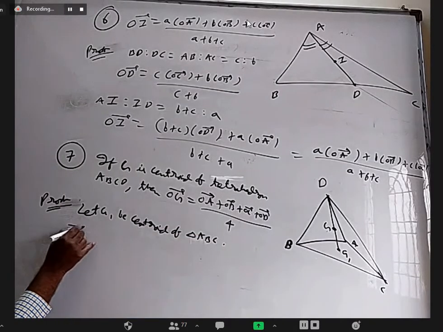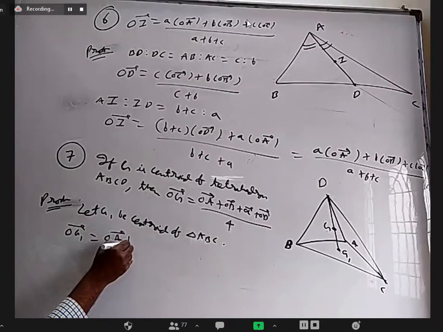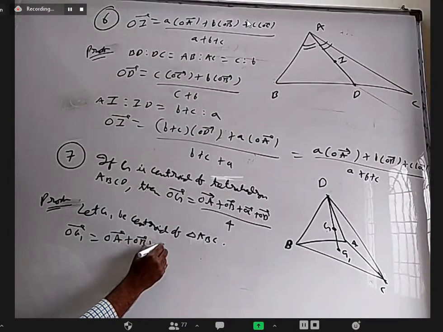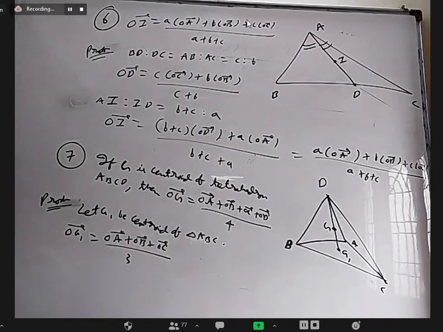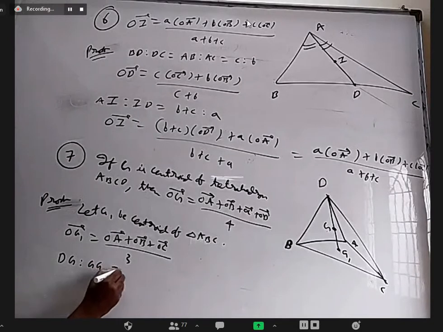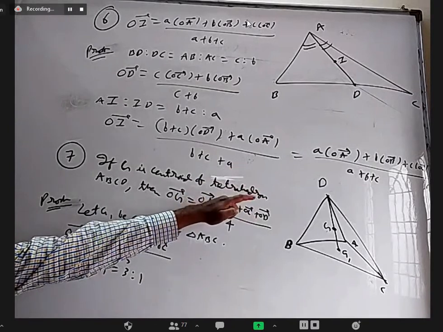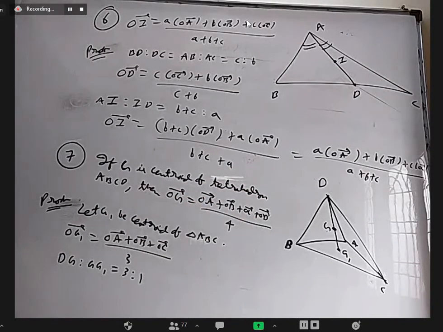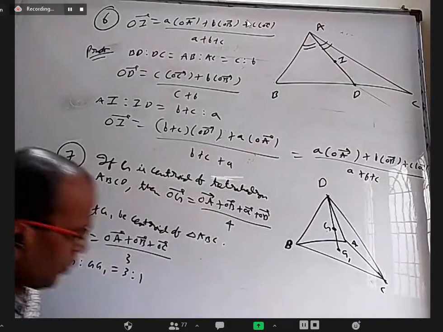That is, OG1 bar is OA bar plus OB bar plus OC bar by 3. And we should also know that DG is to GG1 is 3:1. The centroid of the tetrahedron divides the line segment joining one vertex to the centroid of the opposite face in the ratio 3:1.